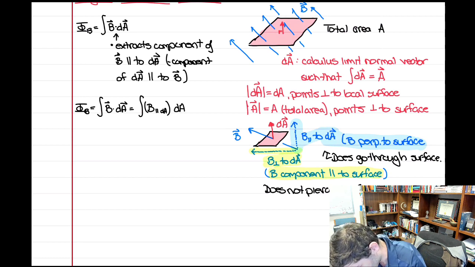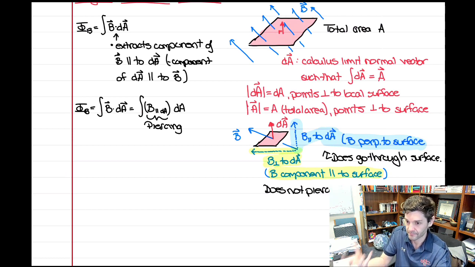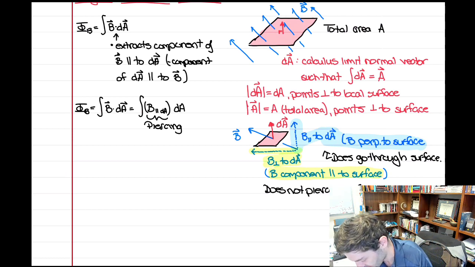Since this is the piercing component, this ultimately is adding up the contributions of the field lines that pierce the surface.